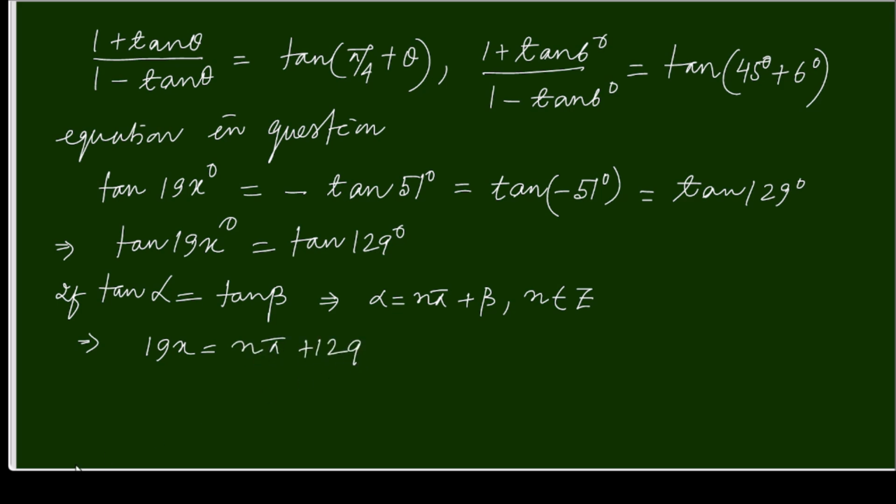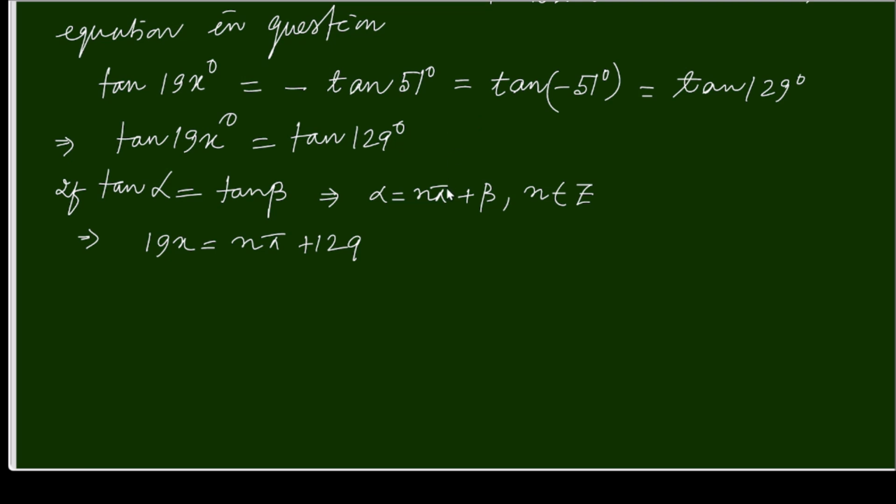Now I am not putting degrees because I will get the value of x, and instead of pi I will write 180 degree. So this is equal to 180n plus 129. We need to find the value of n as well as x. Unless you get n, you cannot get x, and x should be the minimum value.